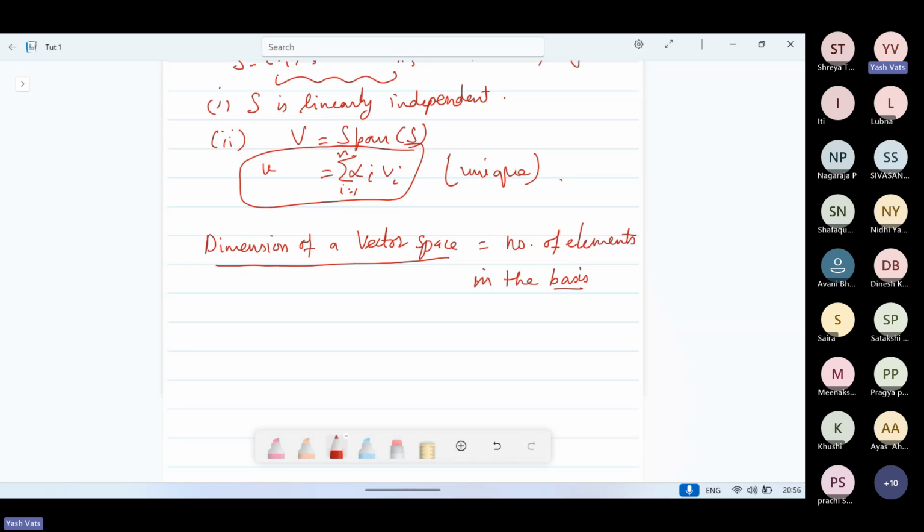You take any basis, then the number of elements in every basis is the same. So the number of elements in the basis is the dimension, and dimension is unique. This is denoted as dim V.